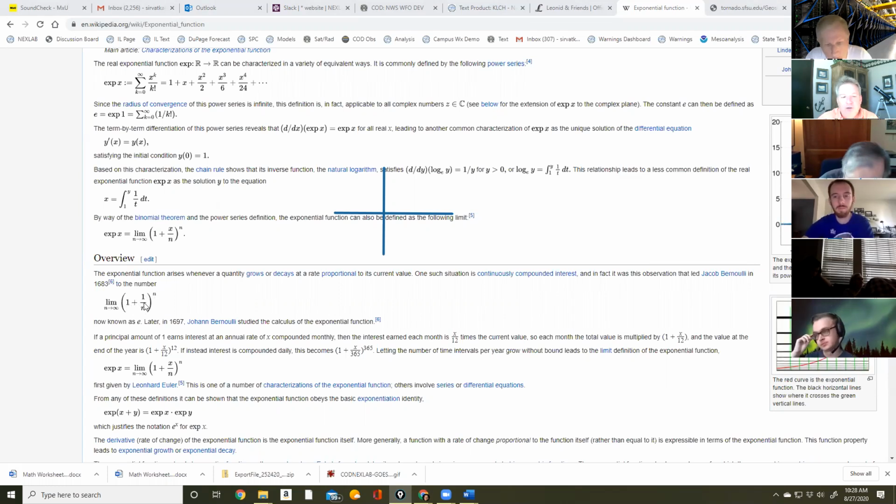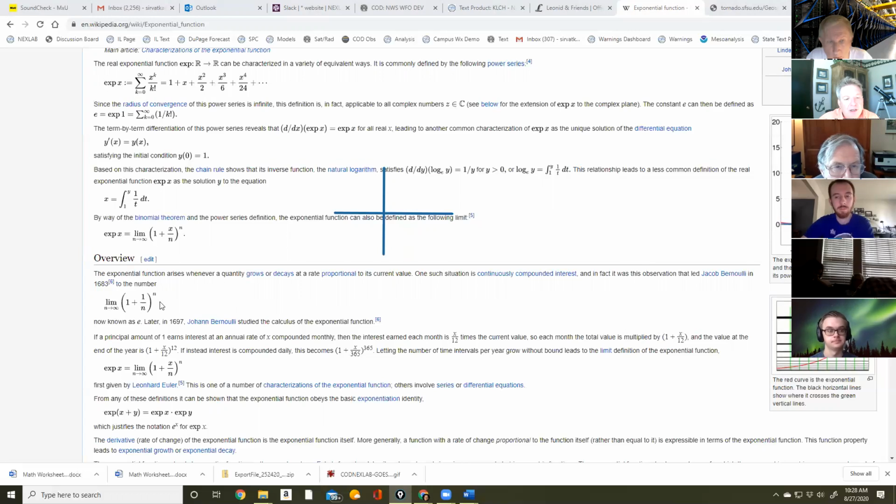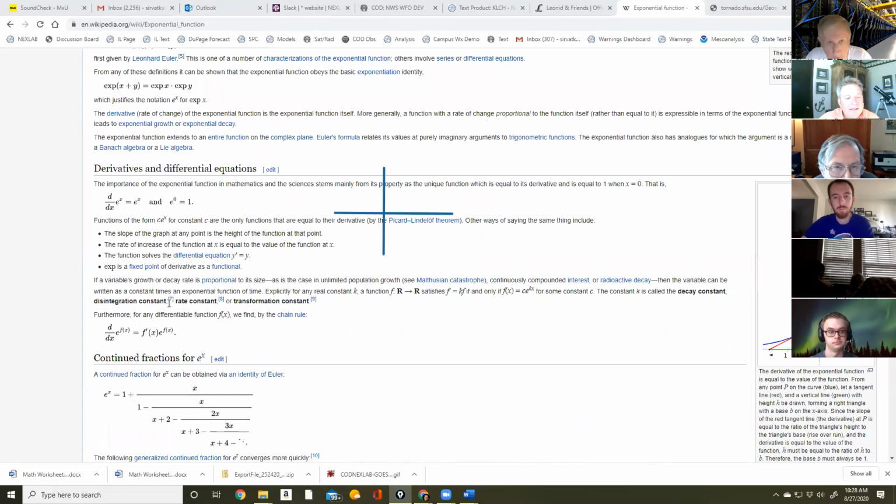What if I plug in 2? 1 plus a half is 1.5, but I'm taking it to the second power, so I'm squaring 1.5. What if I took 1 plus 1/3, but I took it to the third power? If you keep going for a long time, you're going to start coming to a number. Okay, and what is the number?